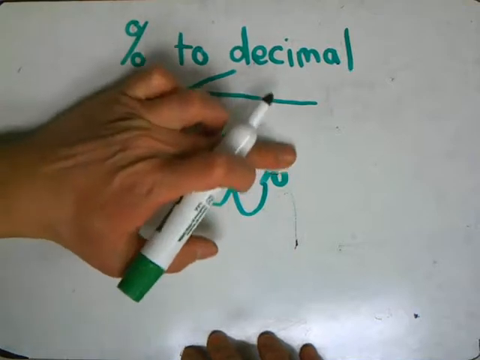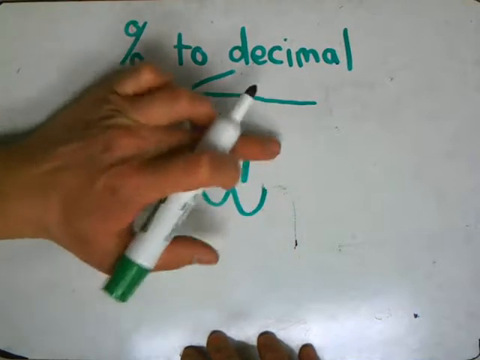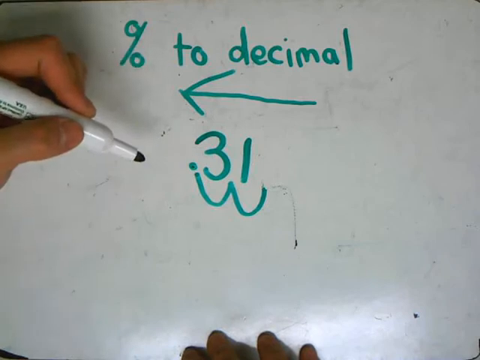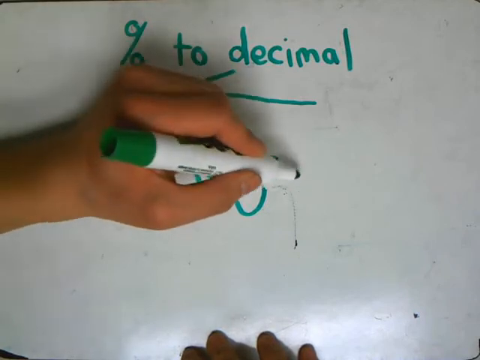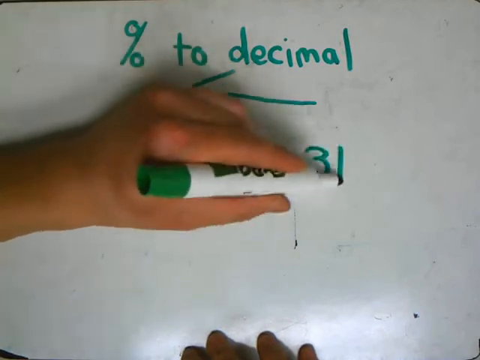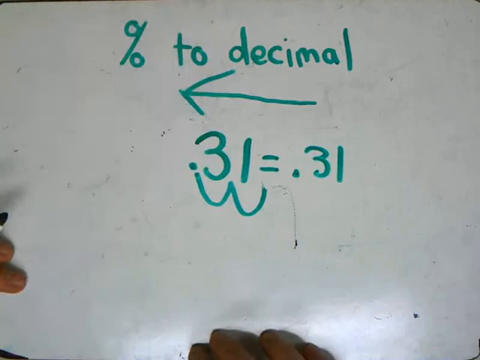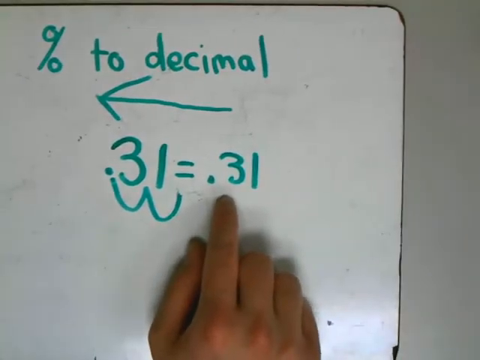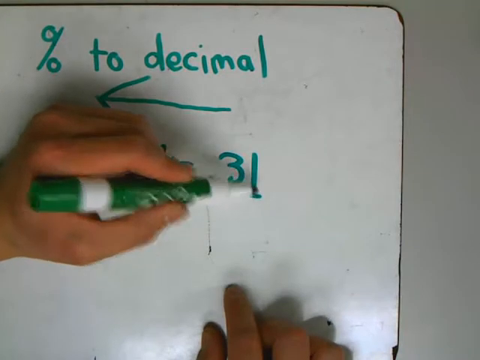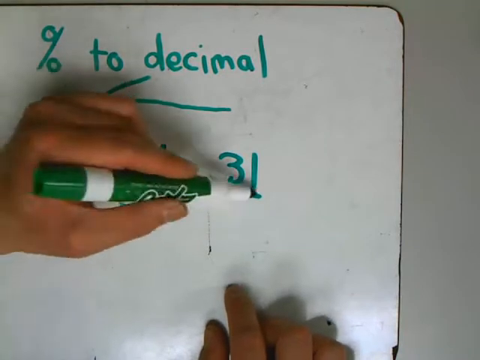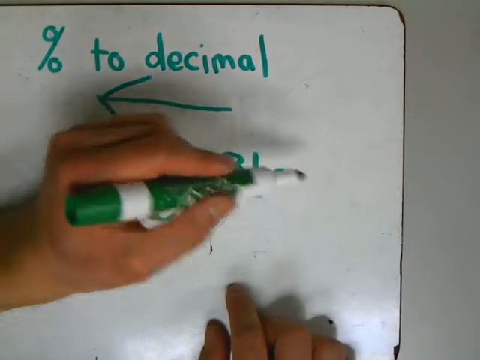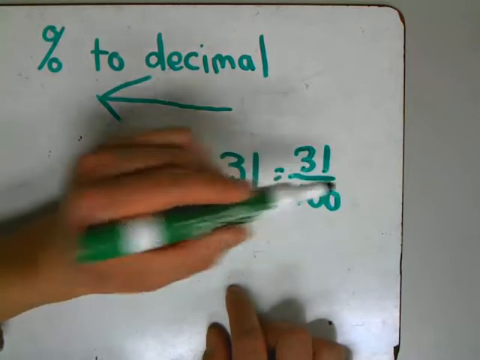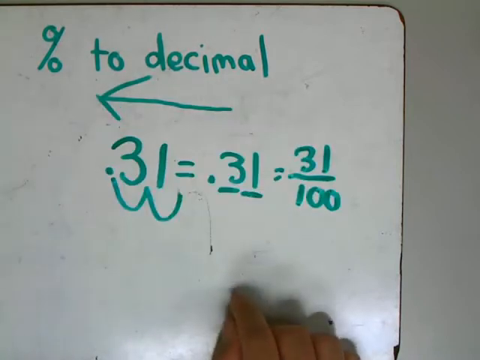I'm going to erase my percent sign, and I am then going to turn it into a decimal. And I know that I just changed this percent to 0.31 or 31 hundredths. Now, because I have this in decimal form, you automatically know, because of what we learned, this is the tenths place value, this is the hundredths place value. I know this is the same thing as writing 31 over 100 or 31 hundredths.